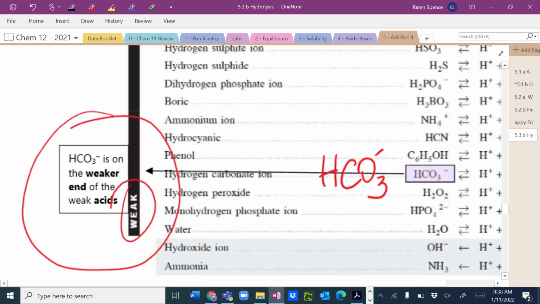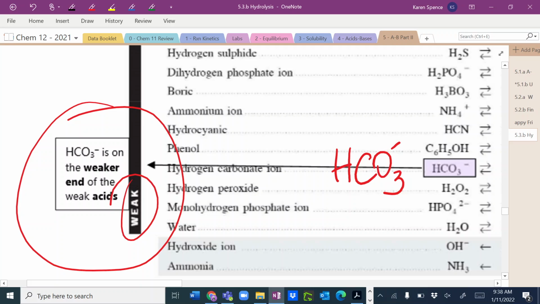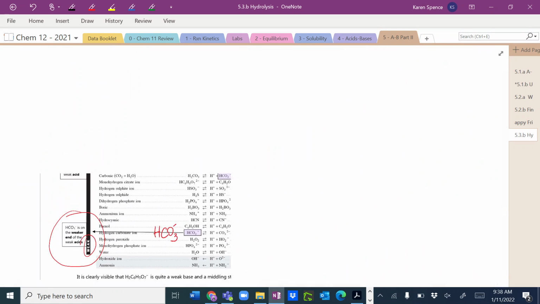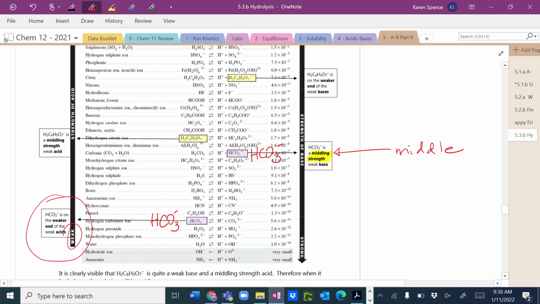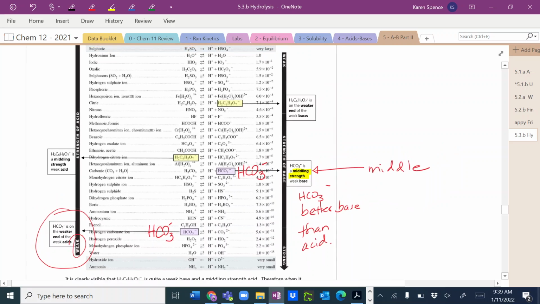So it is on the weaker end of weak acids. So it's a weaker weak acid, and it's a middling weak base. So therefore, HCO3 would be a better base. It says that down below: HCO3 minus is a better base than it is an acid.